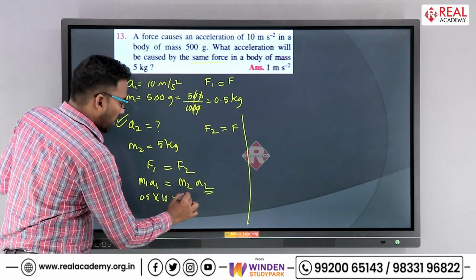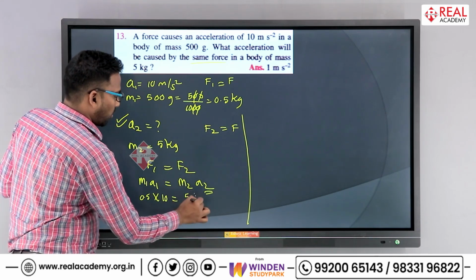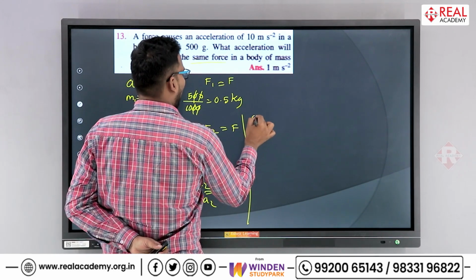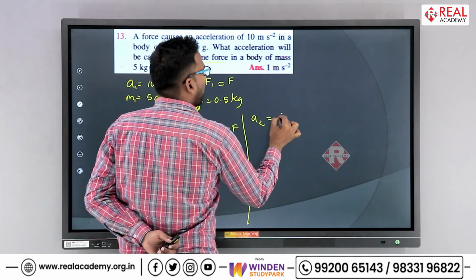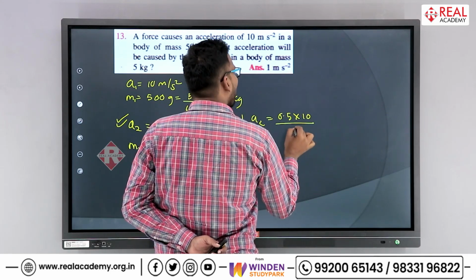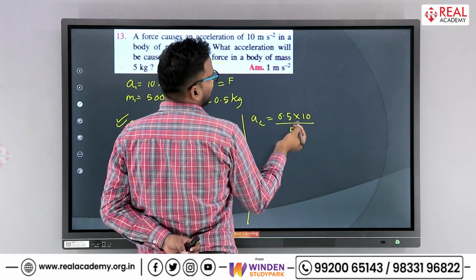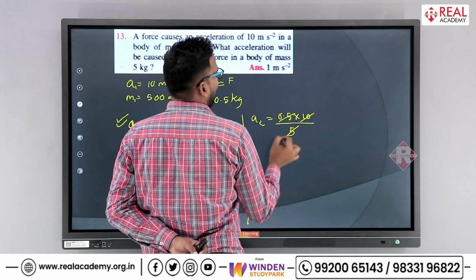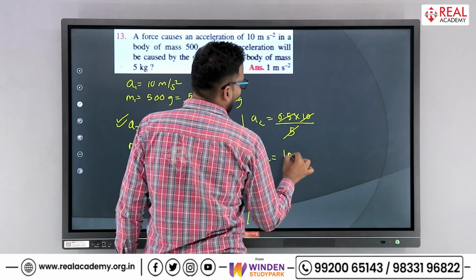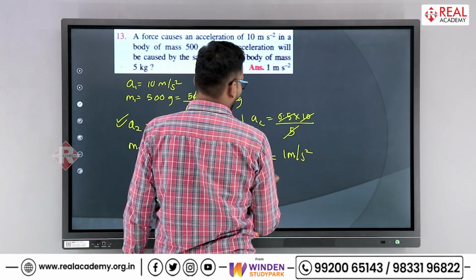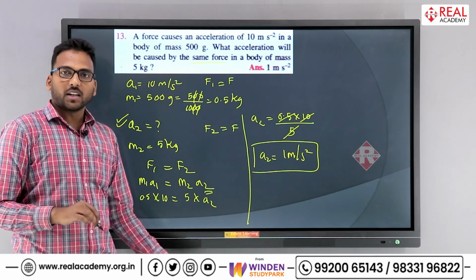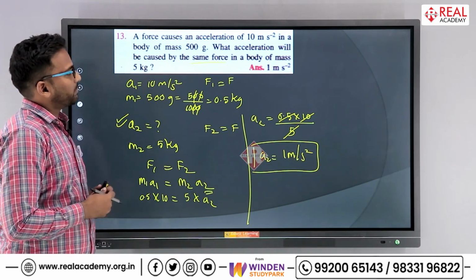What about M2? M2 is 5 into A2 that we need to calculate, right? So how to calculate A2? A2 is 0.5 into 10 upon 5. 0.5 into 10 is 5 only. 5 and 5 will get cancelled. The acceleration is 1 meter per second square. Clear with this? Acceleration is 1 meter per second square.